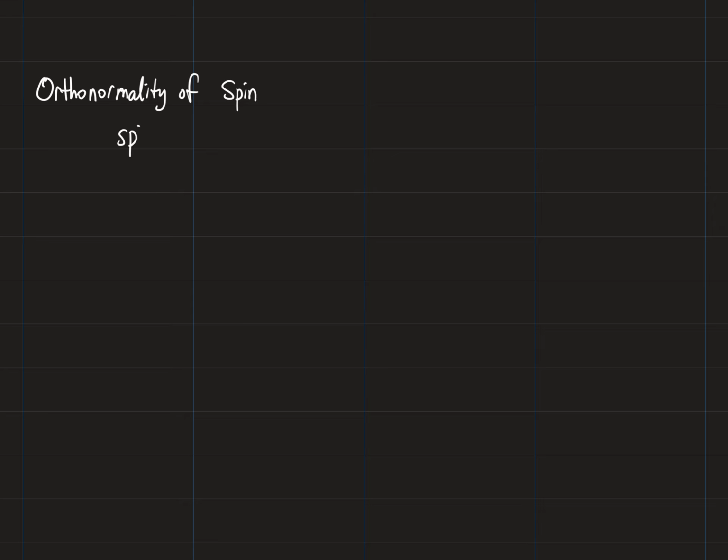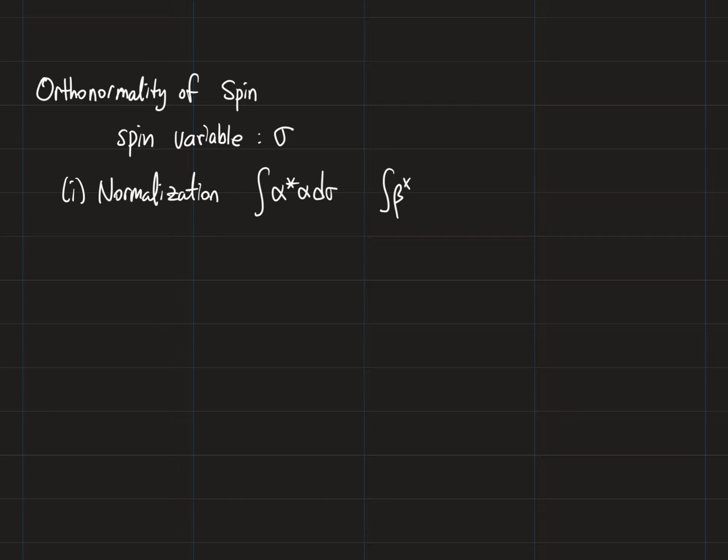The first is normalization. If you integrate a state with itself, like alpha with alpha, or beta with beta, the result is 1.